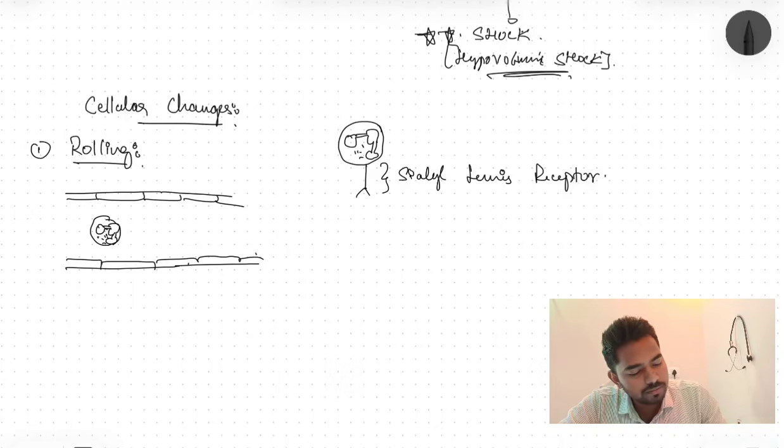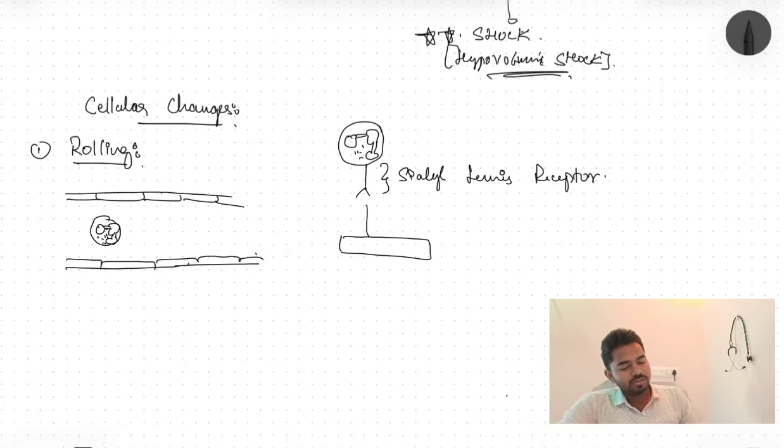And on the endothelium, there will be a protein called selectin.